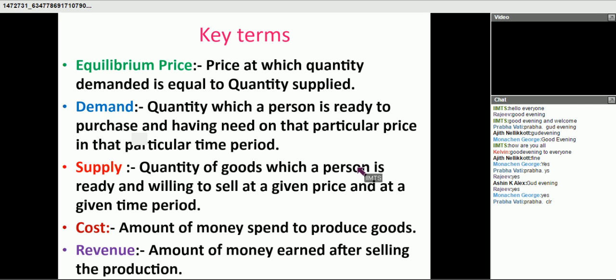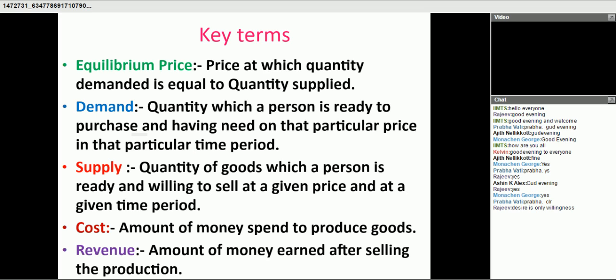Can you just write it, the difference between demand and desire? What is demand? What is desire? Or what is the significance of this term? Okay, desire is only willingness.